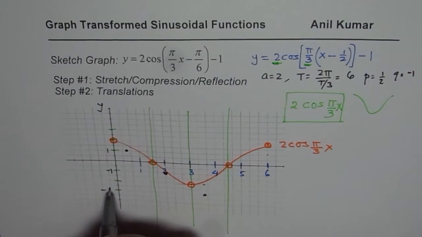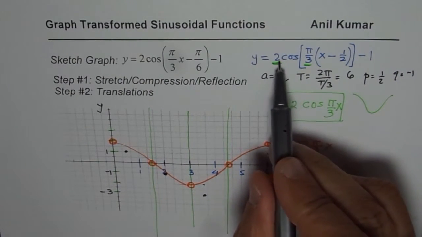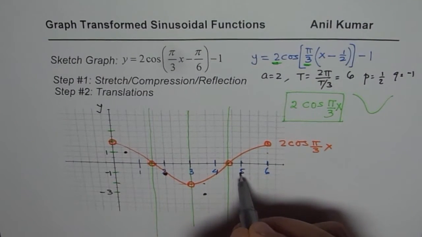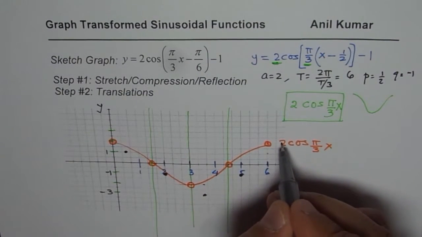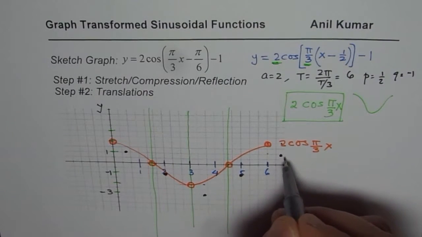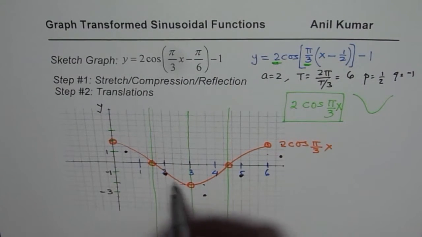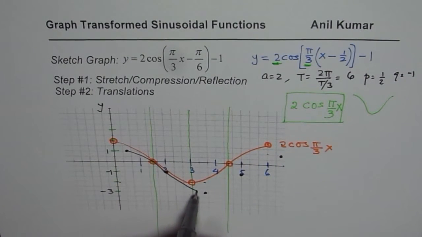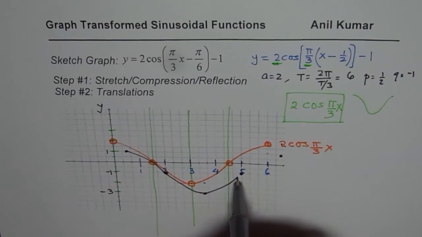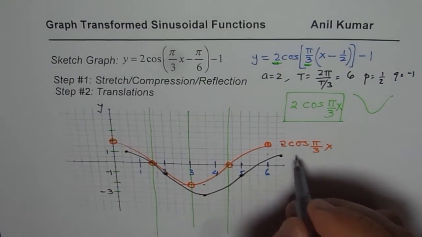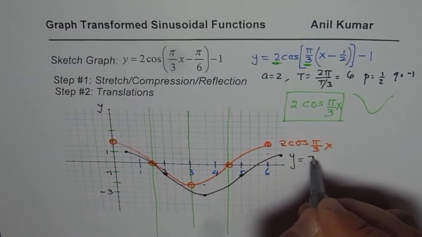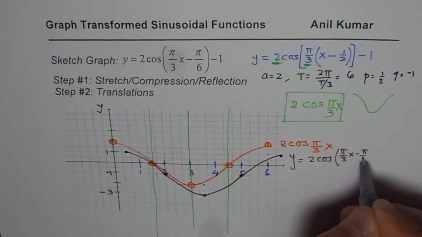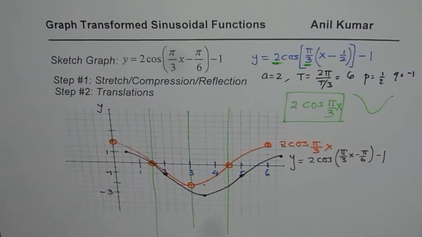When you bring it 1 down, you come to −3, which is your minimum point. It makes sense. So here again at 5 and 1 down, right? And then we do 1.5 and 1 down. So that becomes the final position, right? Now we can connect these points. Once you connect these points, you have a graph which is kind of like this. So this is your y equals 2 cos(πx/3 − π/6) − 1, correct?